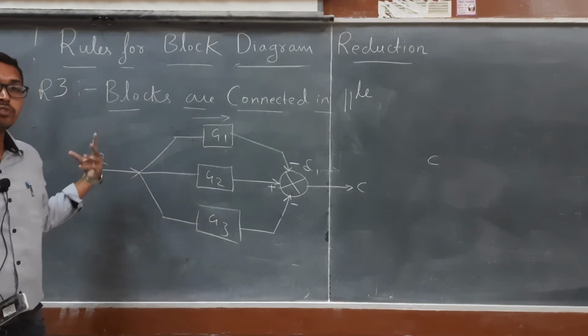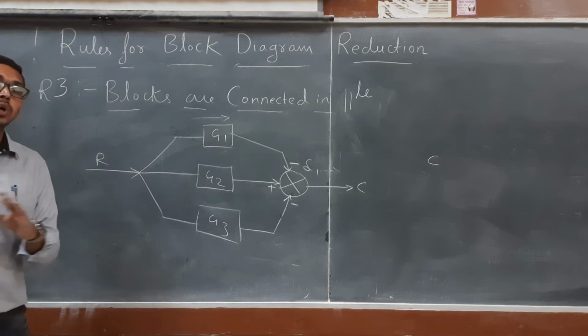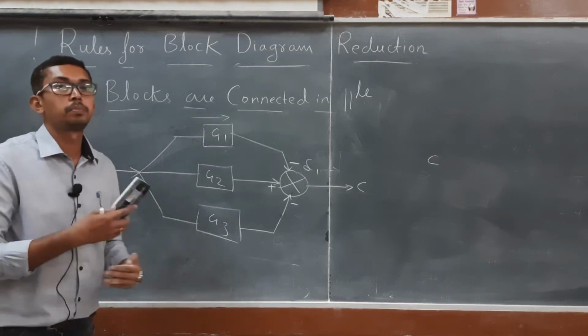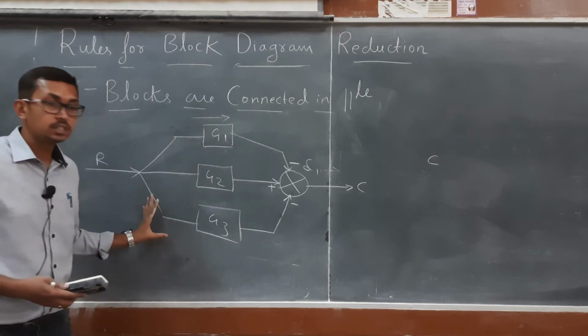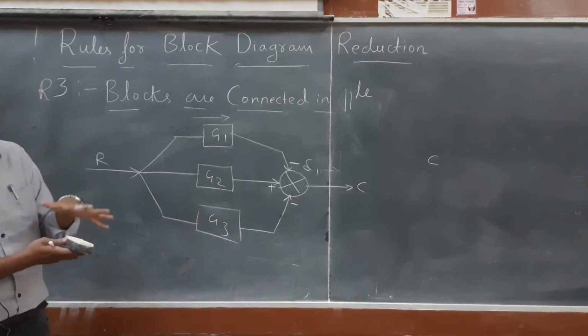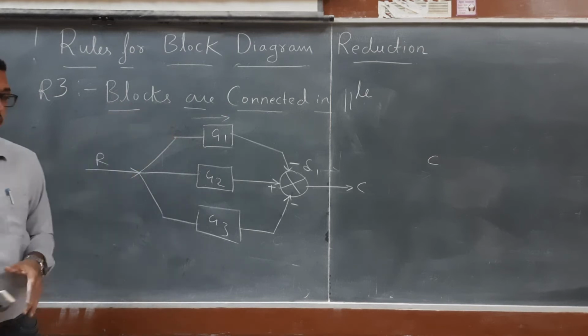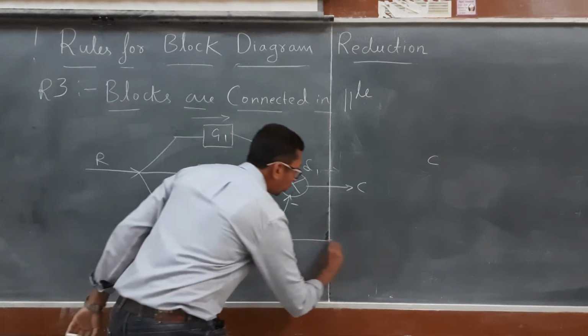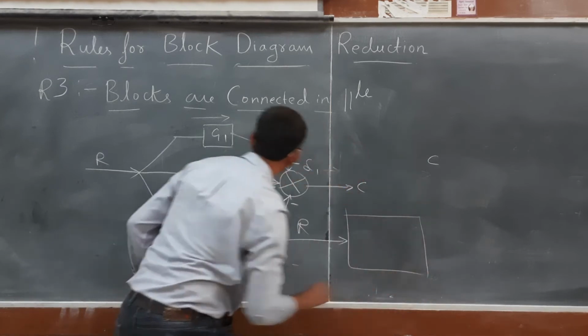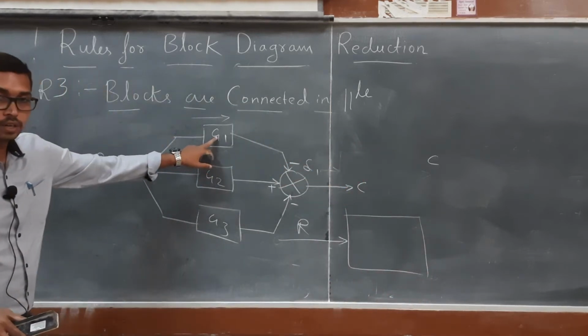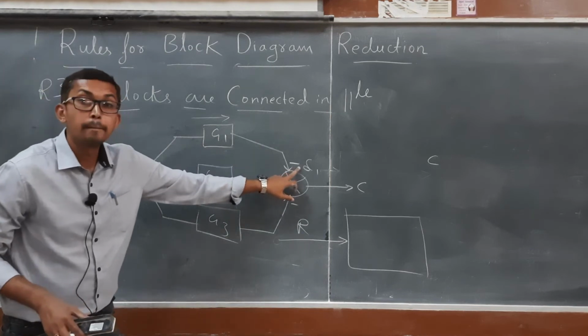In the case of blocks connected in series, we need to do the multiplication. When the blocks are connected in parallel, we reduce by algebraic summation. How can it be reduced? What is the input? R. We need to reduce it to a single block. We have G1 with the symbol of what?